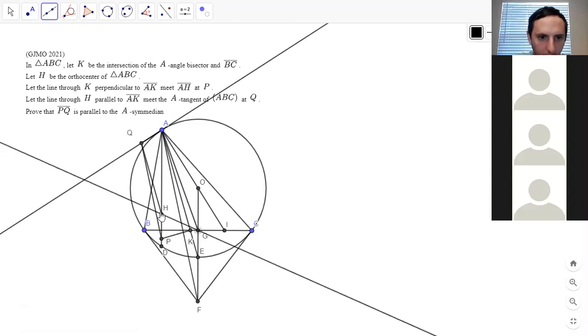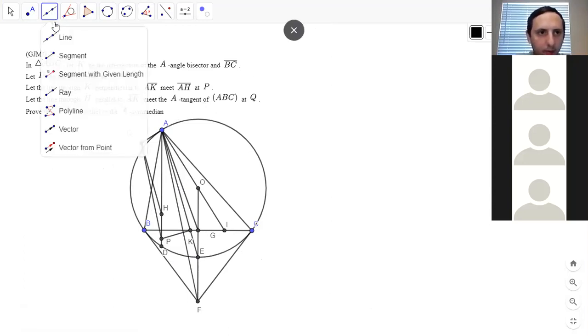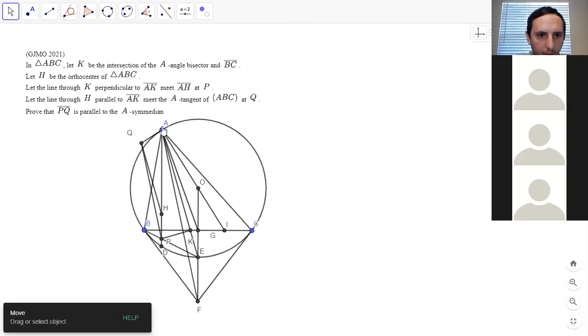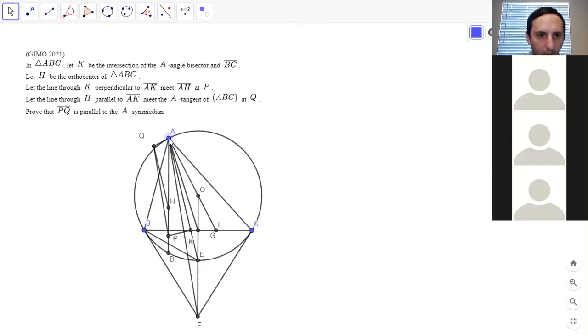I'm not sure. No. Are B, P, and E collinear, or is that just a coincidence? Looks true, but let's see. Oh, it's not true.